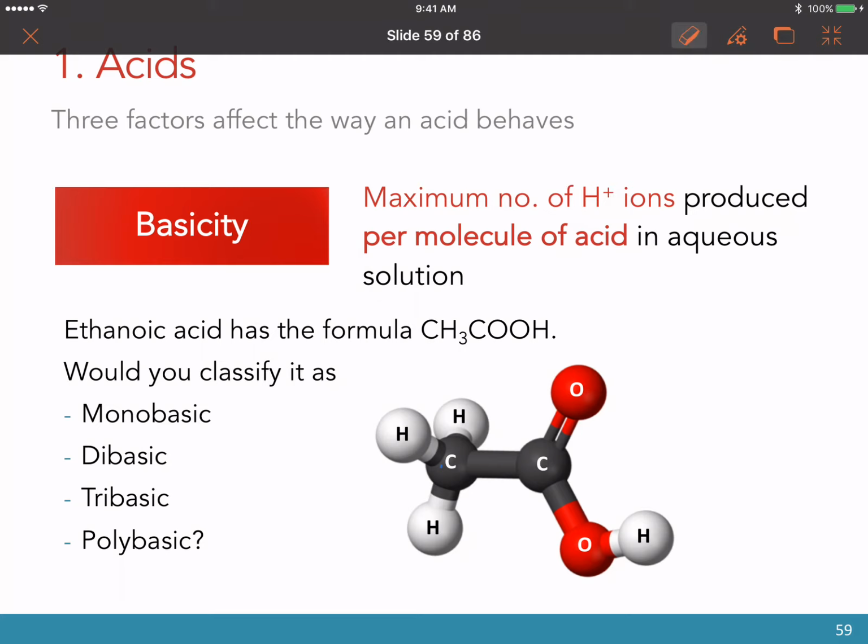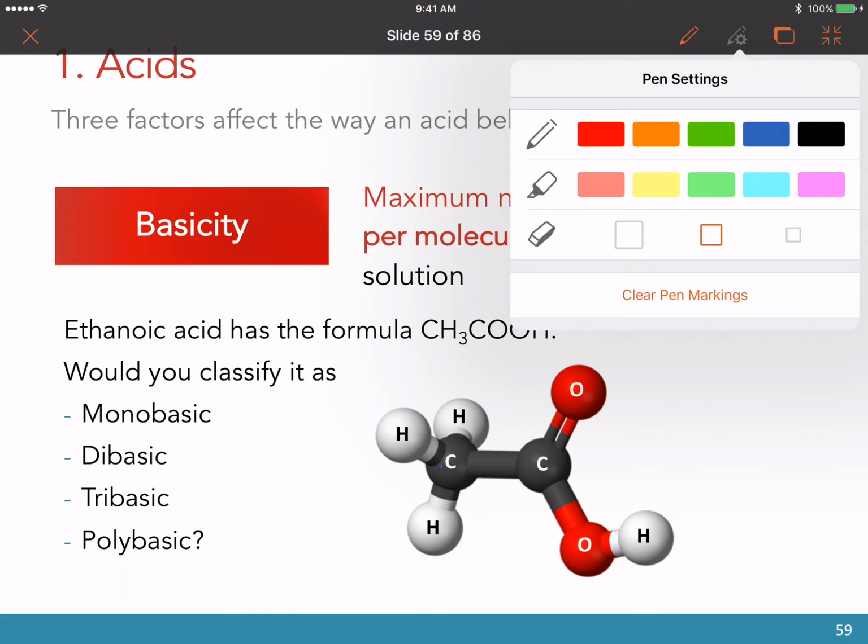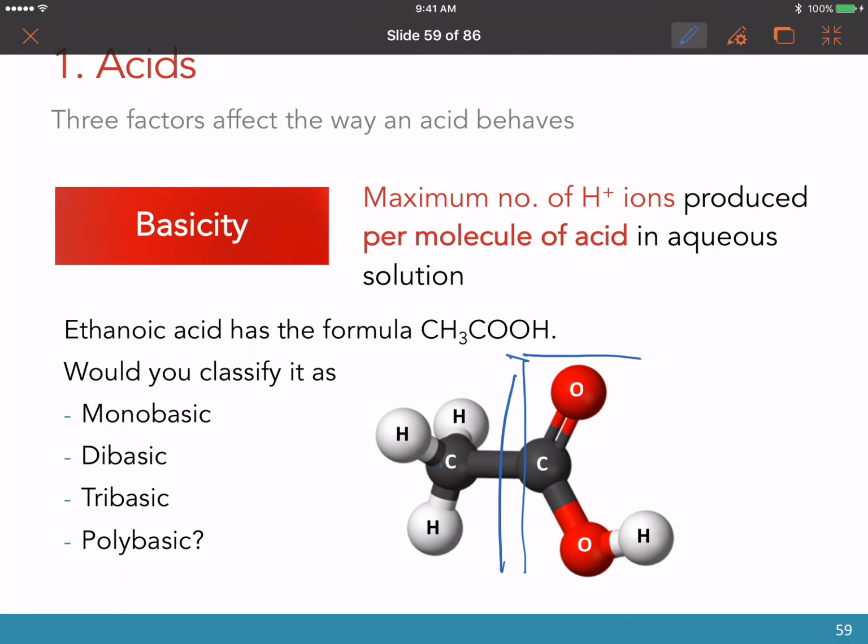Why? Because we need to look out for the COOH group. The COOH group is the acid group of an organic acid, and within the COOH group, only the hydrogen that's attached in the COOH group will dissociate.